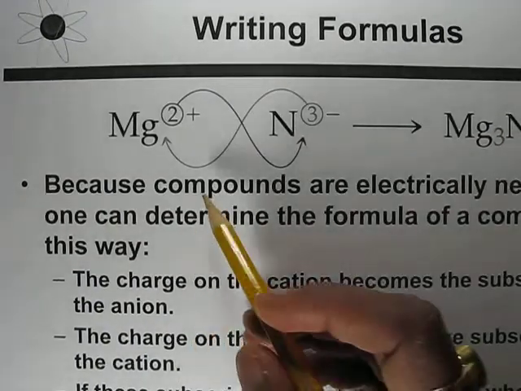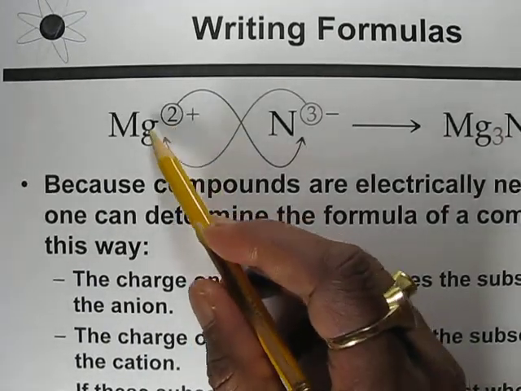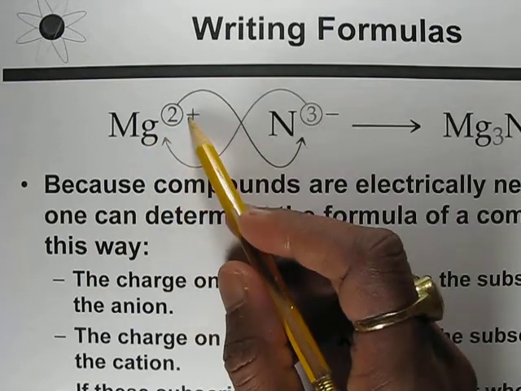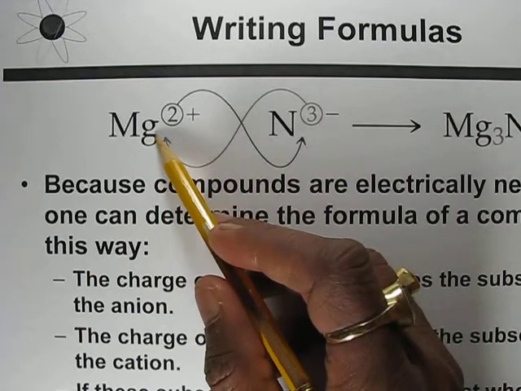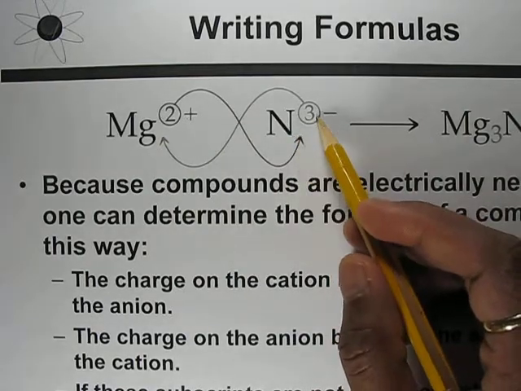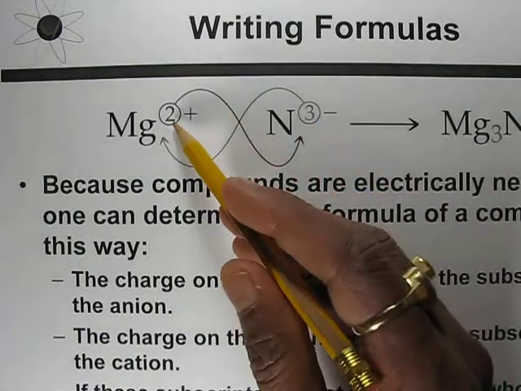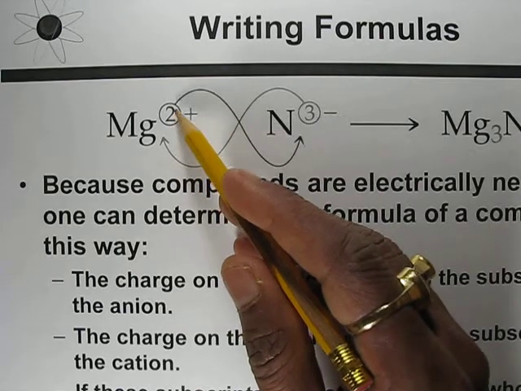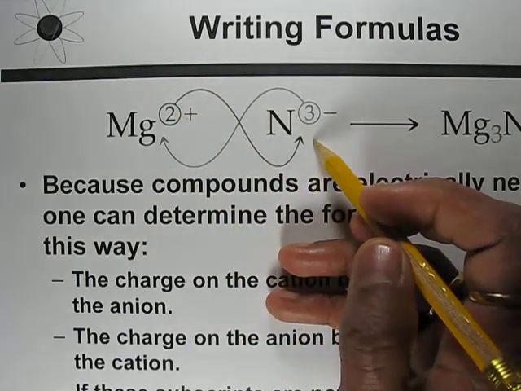It's very simple. First you have to find out how many charges the element or ion has. The cation has a 2 plus charge and this is an anion which has a 3 minus charge. So you just use these numbers of charges as a subscript.